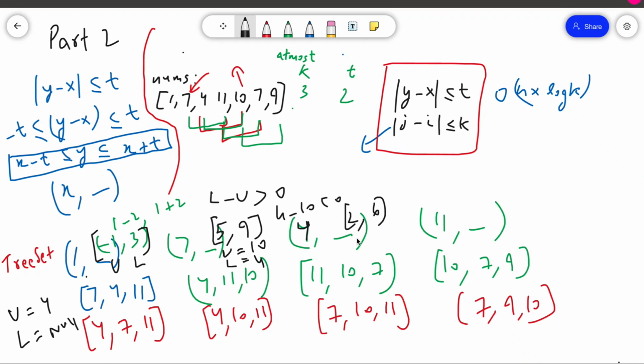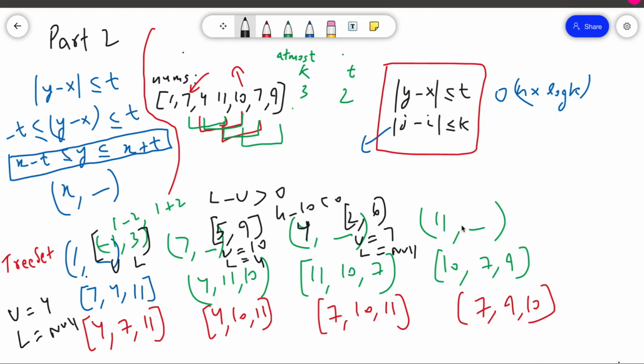We will first find the upper bound of 2. Upper bound of 2 is 7. Then we will find the lower bound of 6. Lower bound of 6 is null. So there is no number in this tree set data structure that lies in the range 2, 6.